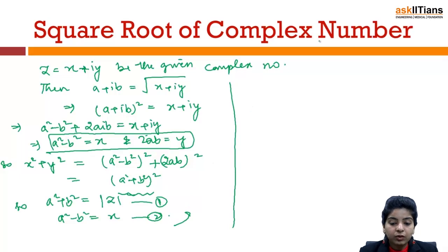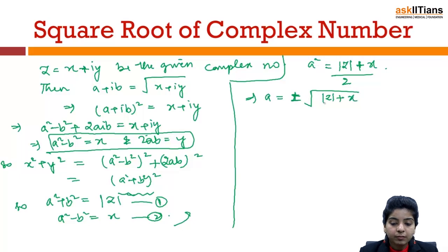Now I have a square plus b square is mod z and a square minus b square is x. So a square becomes mod z plus x by 2. This is what I get as the value of a square. So a will become plus minus under root of mod z plus x by 2.